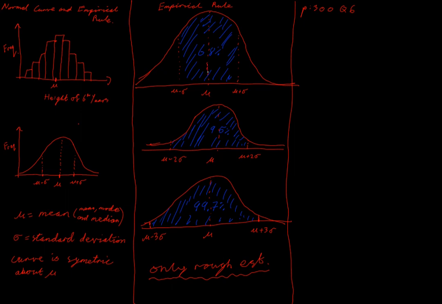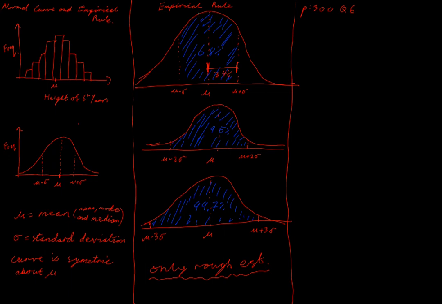So from our mean up to plus 1 standard deviation away from our mean, so this area here, must contain 34% of our population. Why?